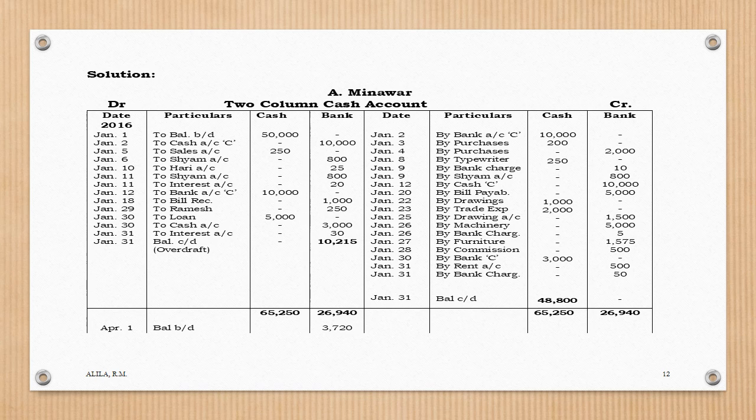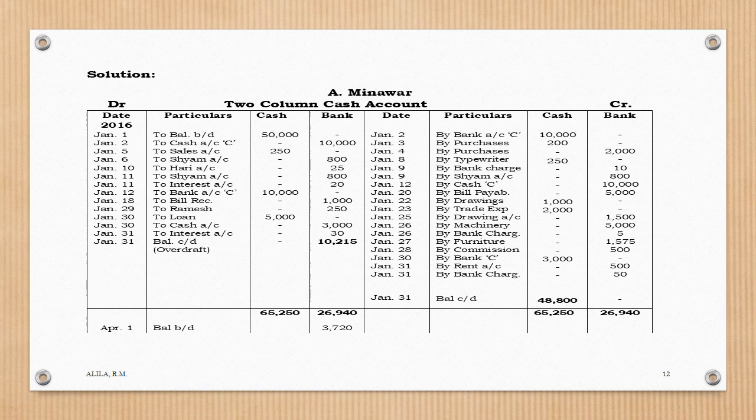It is called a two-column cash book, but basically the debit and credit of cash are treated separately from the debit and credit of bank. So even when closing these accounts, we have to compare the cash on the credit side and the cash on the debit side.